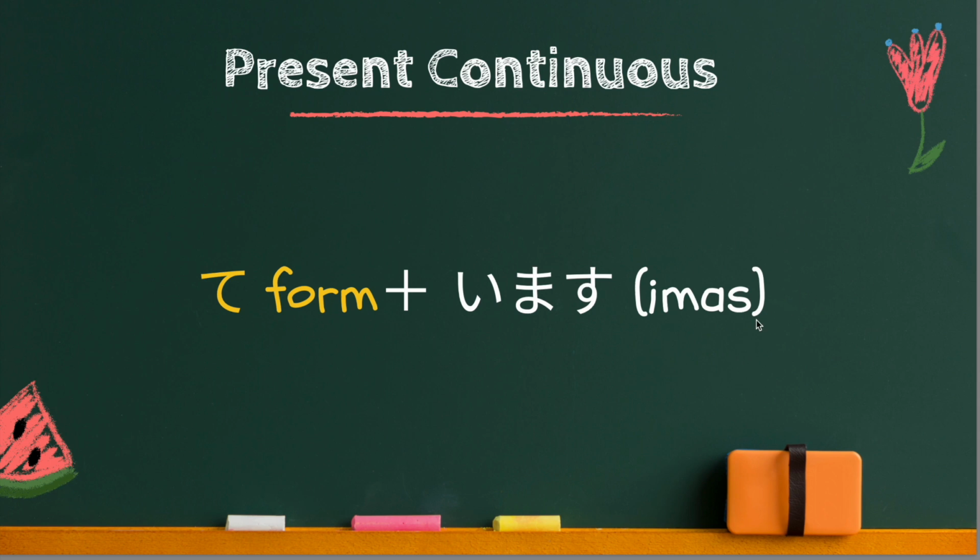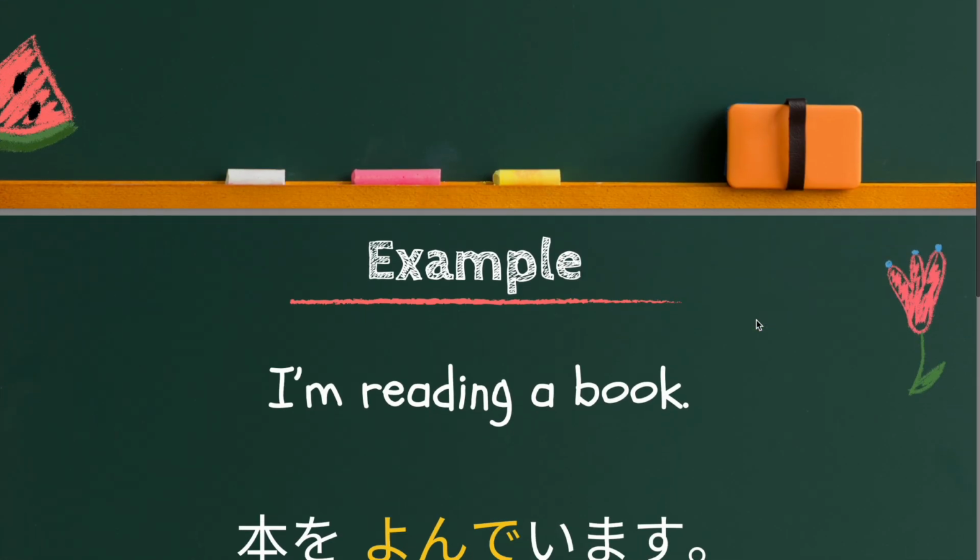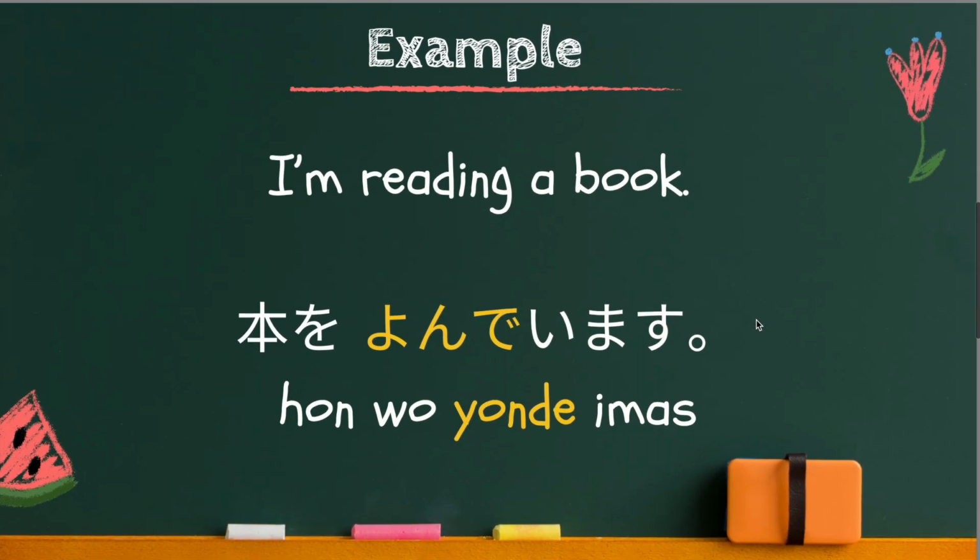So now I will show you one example. I'm reading a book. 本を読んでいます。So, 読んで is the te form of to read.